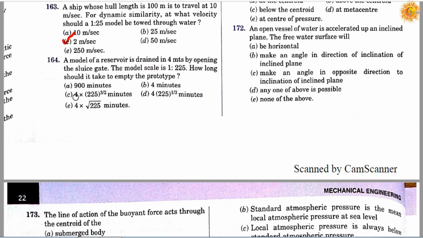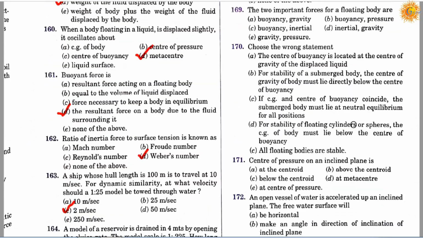Option B is 4 minutes. Option C is 4 into 225 power 3 upon 2 minutes, option D is 4 into 225 power 1 upon 3 minutes, and option E is 4 into the square root of 225 minutes. So the correct answer is E. It's 4 into the square root of 225 minutes.